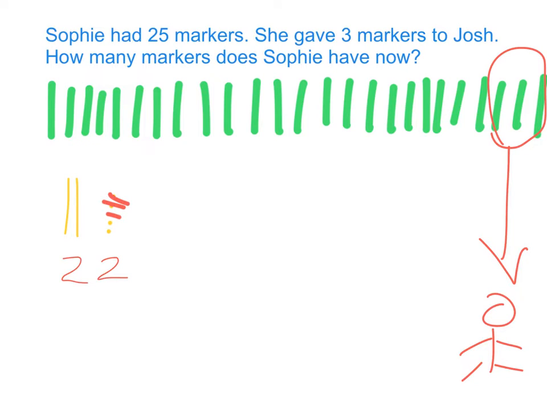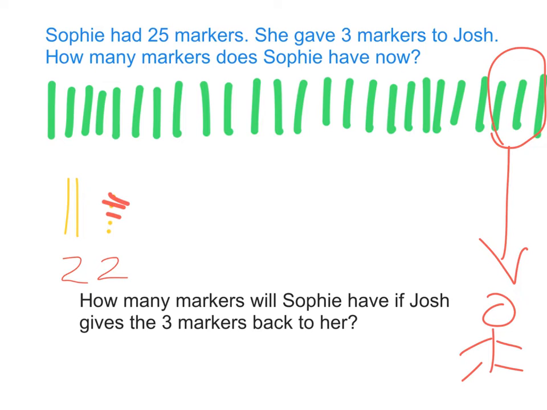So here's another question. How many markers will Sophie have if Josh gives the 3 markers back to her? So we need to think first. Will we add or subtract to solve this problem? Well, if you think about it, we would have to add because Josh is now giving back these markers. So we know that Sophie is left with this amount of markers.